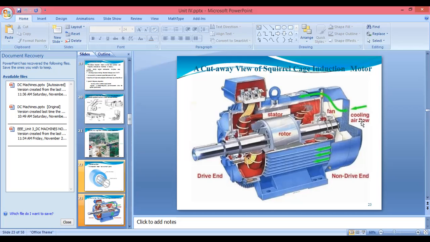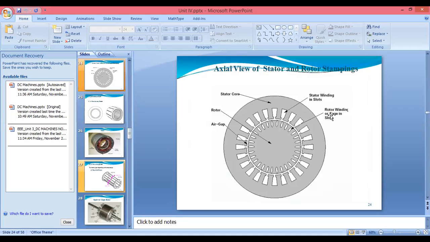We are putting that air gap for the cooling purpose. Also we can use the fan to reduce the heat. So this is the cutaway view of the squirrel cage induction motor.